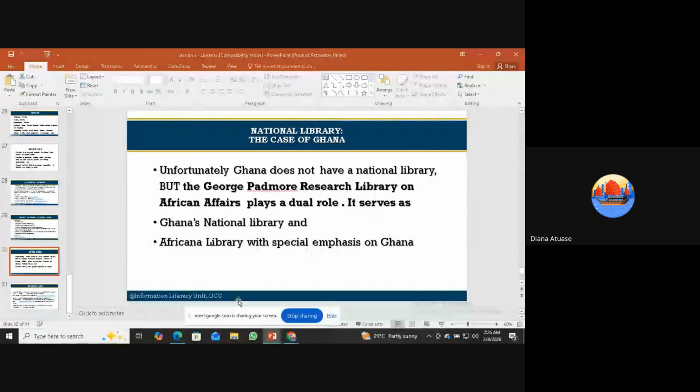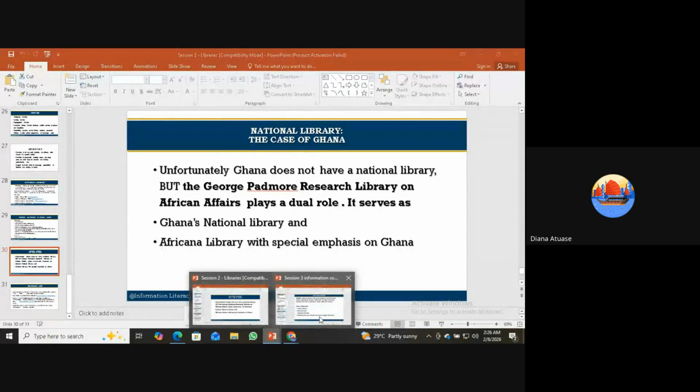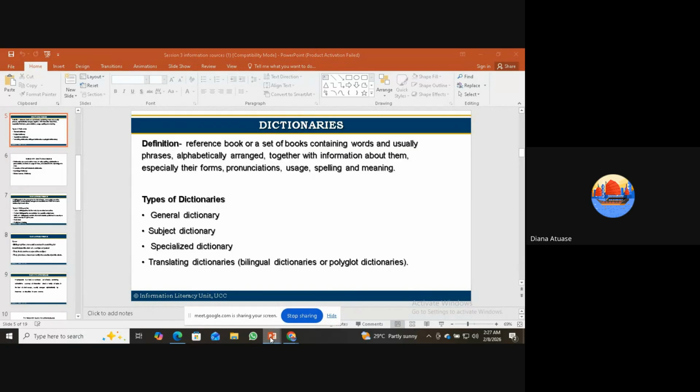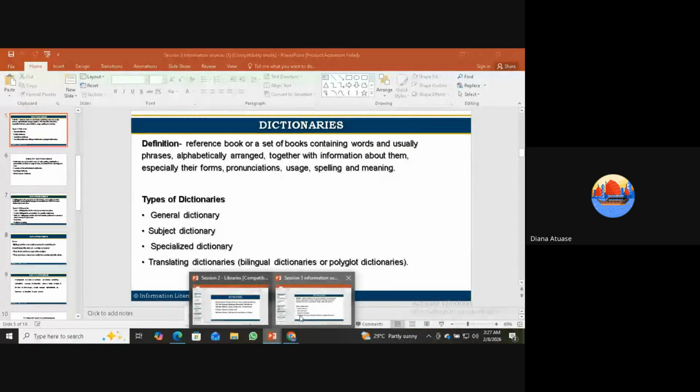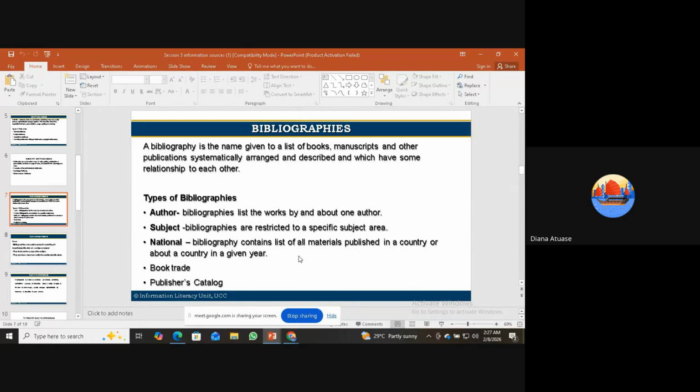So we also have the book trade. So the national bibliographies, we have looked at the national bibliography containing the list of publications in a particular year.